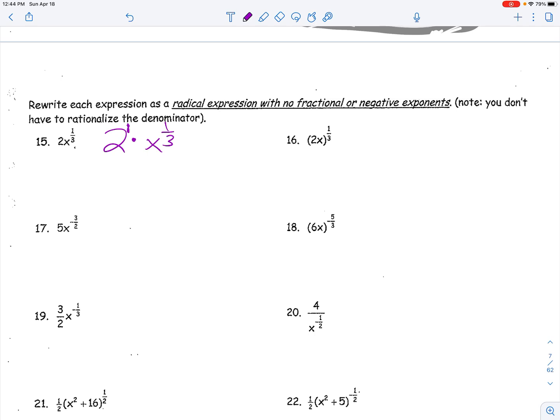Times x to the 1/3. All right, so we gotta do a power over root on this guy, right? I'm gonna make that the cube root of x.